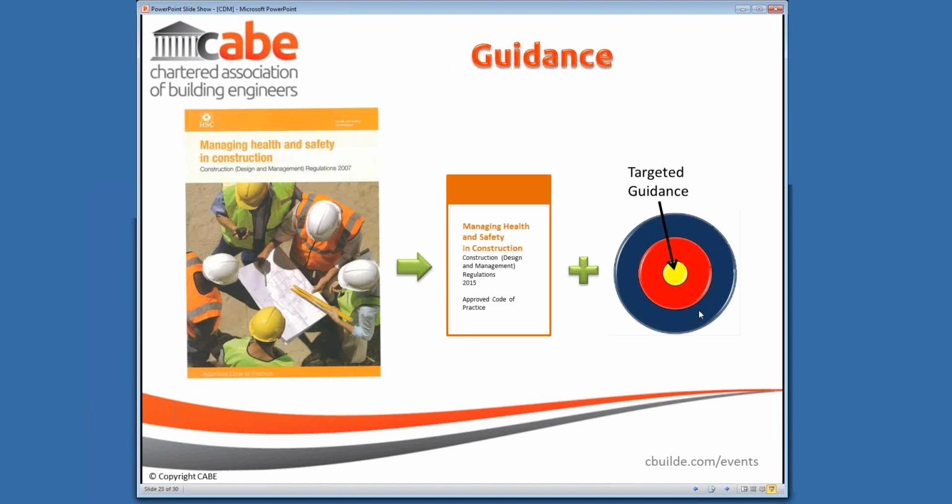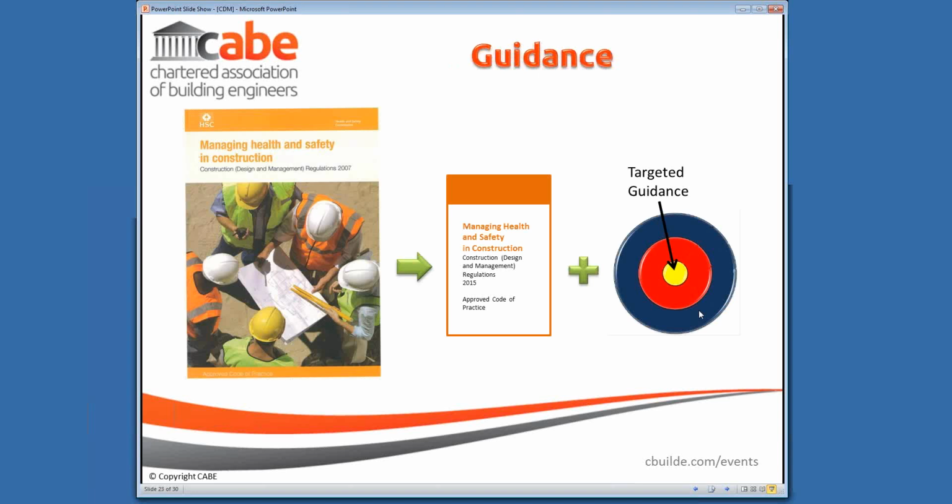One of the big issues with the approved code of practice was that in its appendices it did give some significant guidance on what made somebody competent to deal with the roles they were to carry out, particularly the role of CDM coordinator.